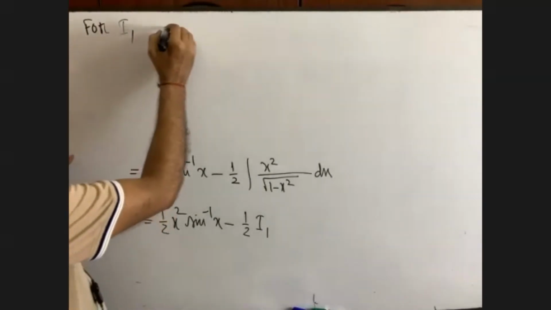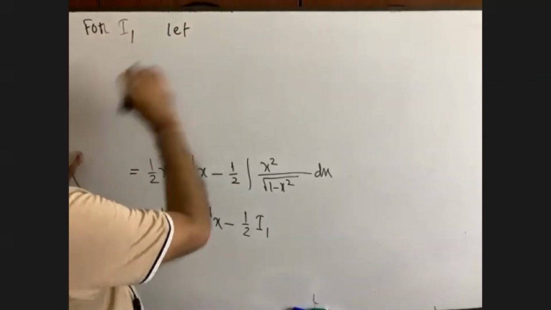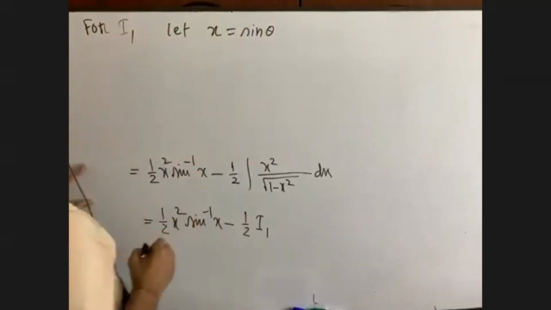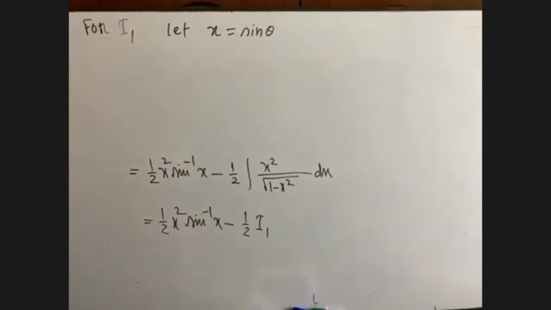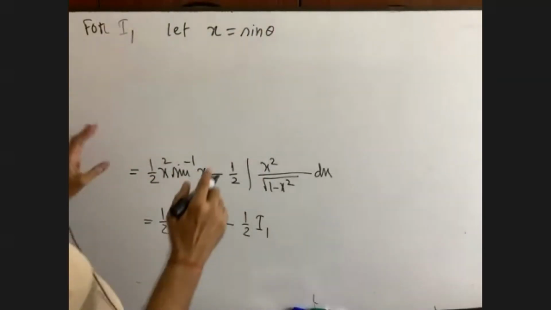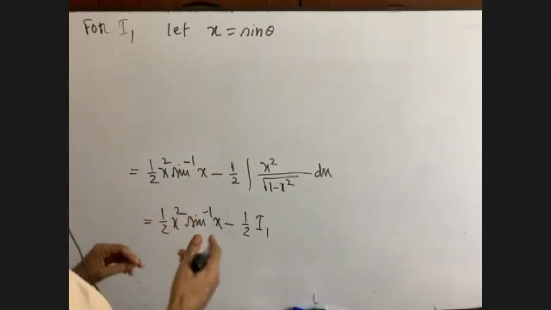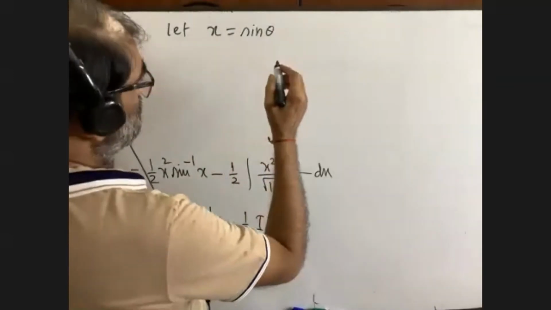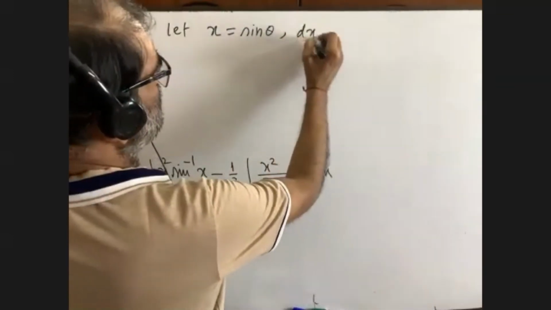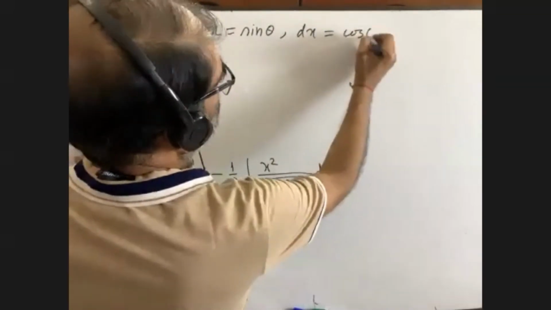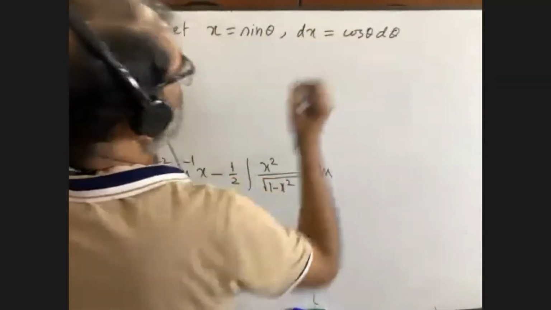Let x equal to sine theta. Therefore, then what will you do? dx equals to what? dx equals cos theta d theta.